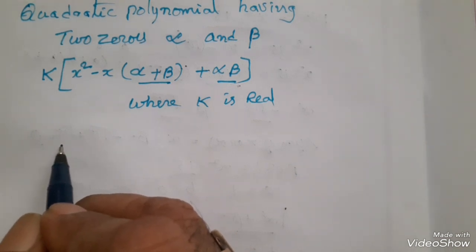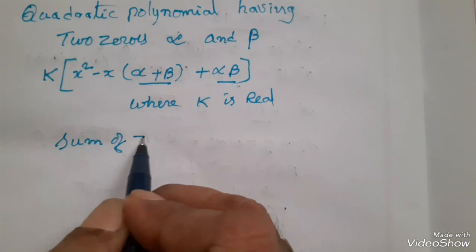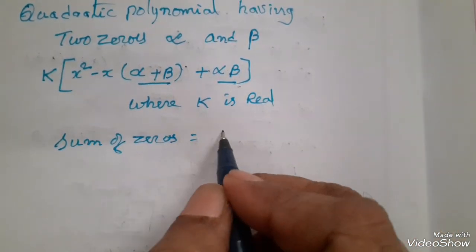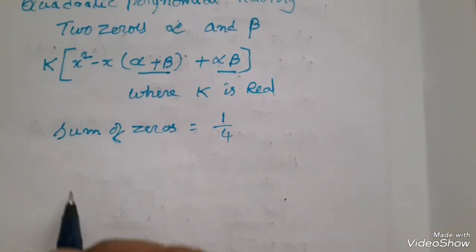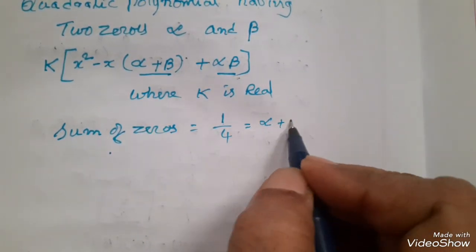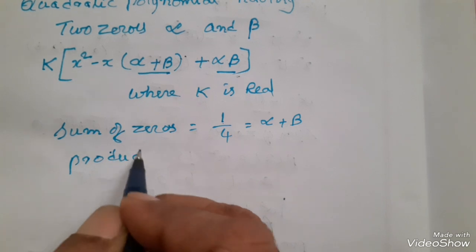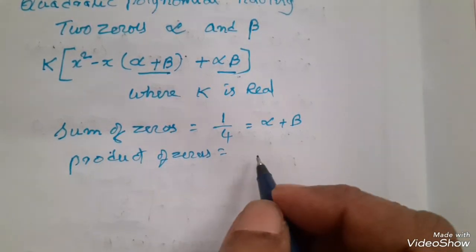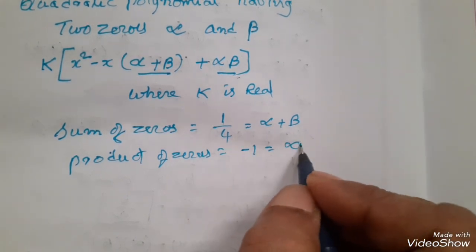For example, here the sum of zeros is 1 by 4 given, that is alpha plus beta. And the product of zeros is minus 1 given, that is alpha beta.